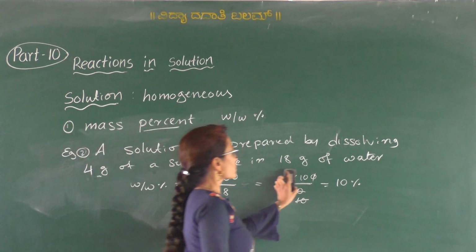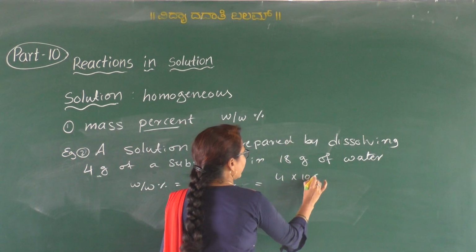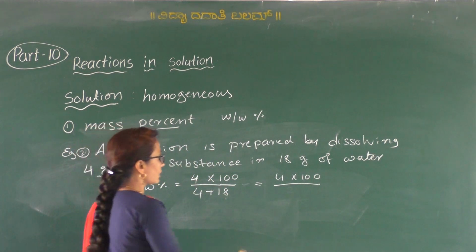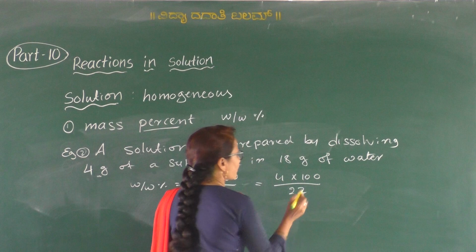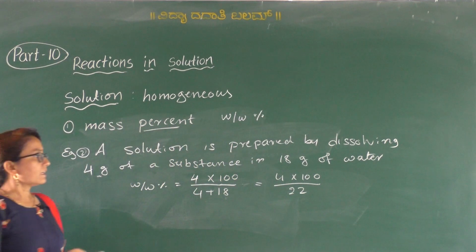So it is calculated as 4 into 100 divided by 18 plus 4, that is equal to 22.